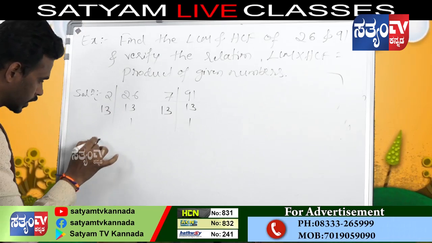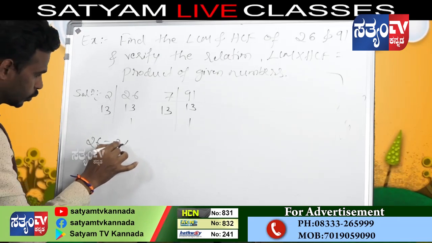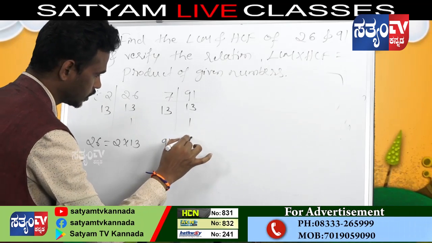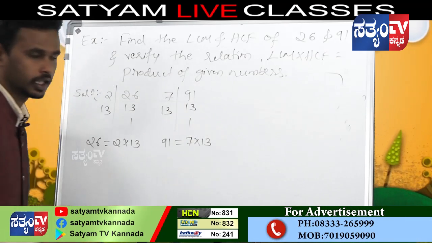So 26 we can write as 2 into 13, and 91 as 7 into 13.